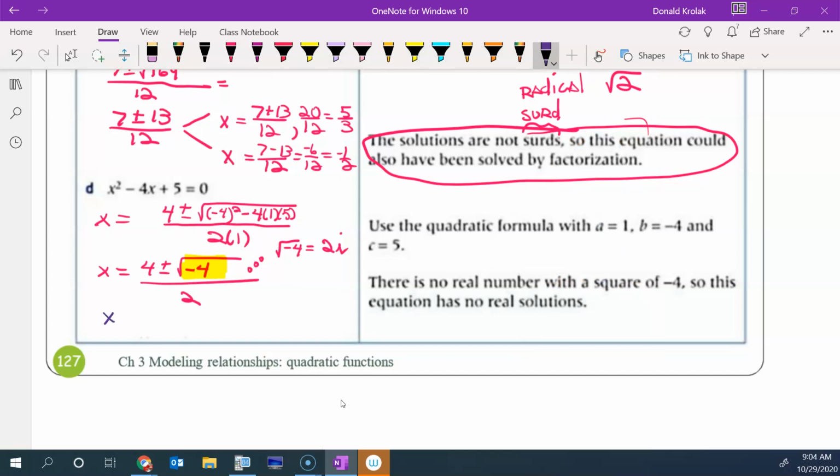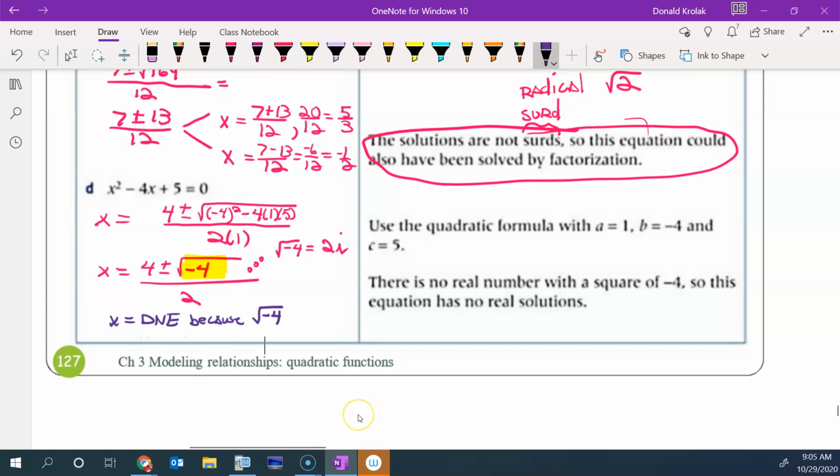This has 0 solutions. The solution isn't 0. There are no real solutions. The quadratic has no real solutions. We could just say x does not exist because of the square root of -4. So that tells you when your discriminant is negative, you're not going to get any real solutions.